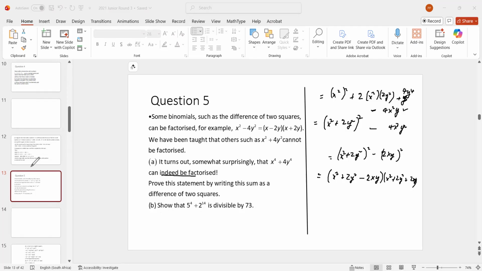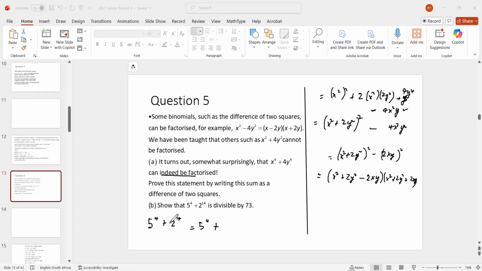This is 5 to the power of 4 plus 2 to the power of 14. I want to write this thing as 4y to the 4th. So this is 5 to the 4th.